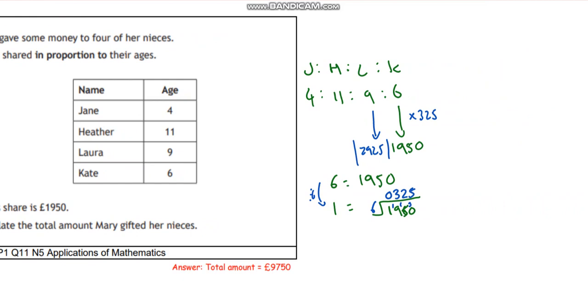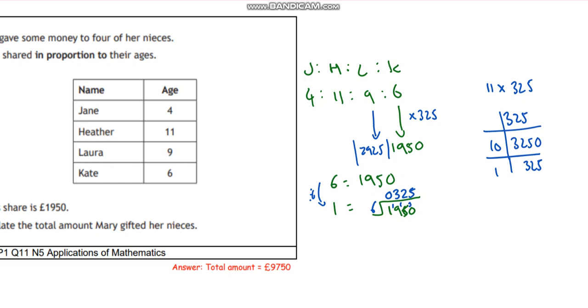So if I was doing 11 times 325, I actually would set it up like this. I would say 325 multiplied by 10 and multiplied by 1, FYI, and then 325. And then you're just adding those together, which will give you 3575.